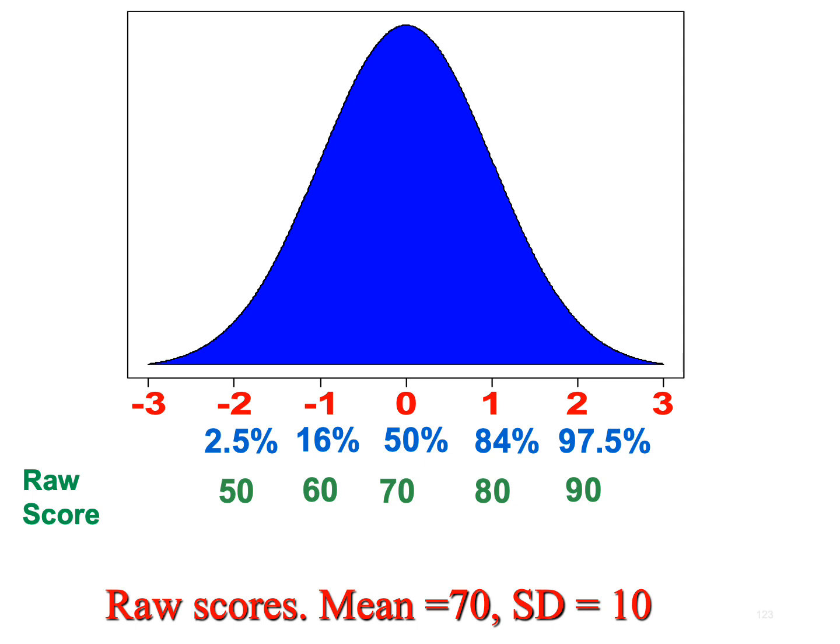So we now have 3 equivalent scales: z-scores, percentiles, and raw scores. Notice how easy it is to fill in the raw scores. The mean raw score is always equivalent to a z-score of 0. You add 1 standard deviation to the mean to get the raw score that is equivalent to a z-score of 1.